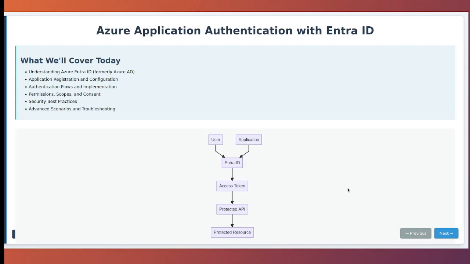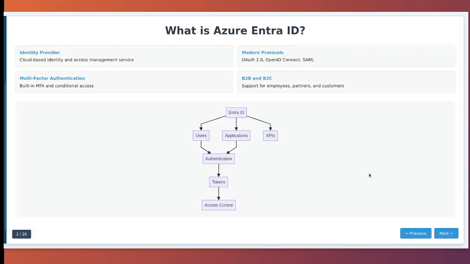I have structured this presentation to take you from the basics all the way to advanced authentication scenarios. We will look at real-world examples, actual Azure CLI commands, and architectural patterns that you can implement immediately in your projects. By the end of this session, you will have a comprehensive understanding of how to properly secure your applications using Entra ID.